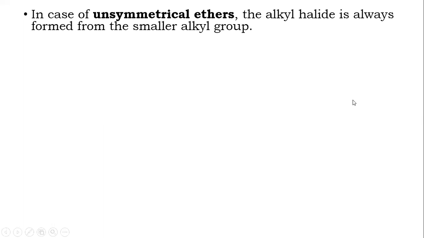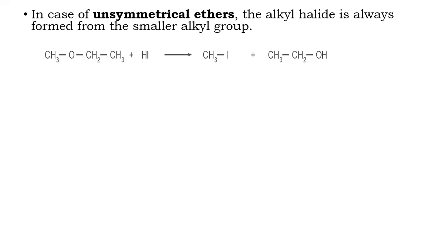If the ether is asymmetrical, then the alkyl halide so formed will be from the smaller alkyl group. For example, if we have methoxyethane, then the possibilities will be methyl alcohol or ethyl iodide.